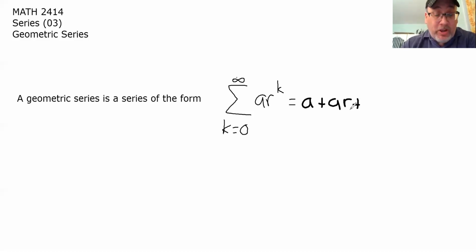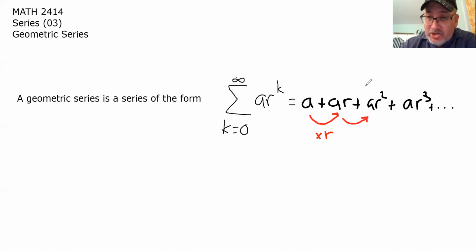If you put in k equals 2, you would get a times r to the second, and a times r to the third, and so on. So you can see that the common ratio that you're multiplying by is r, because each term is picking up an extra factor of r. So as a sequence without the pluses, it is geometric. So as a series, it's called a geometric series.